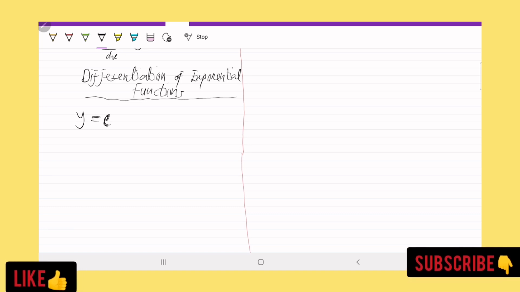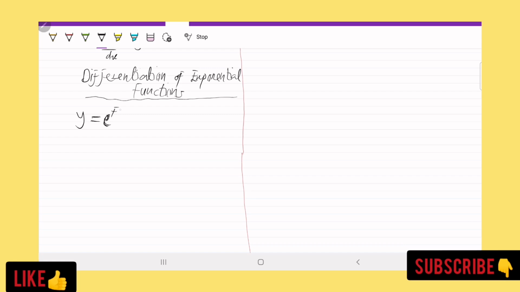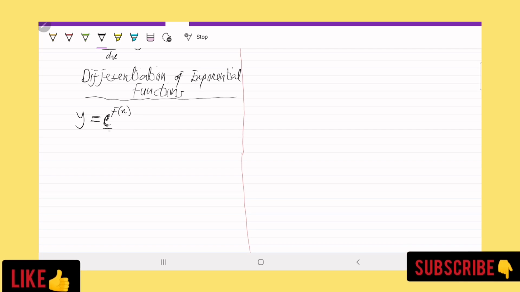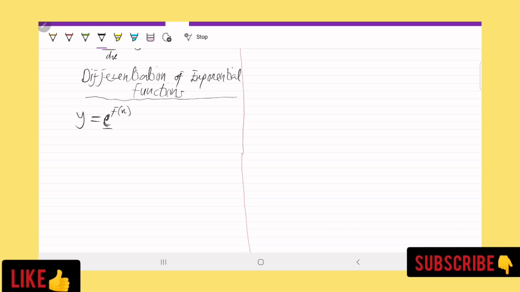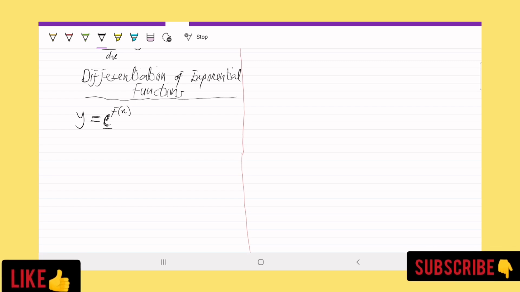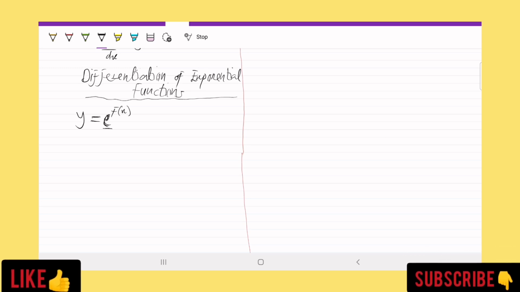So if I have y equal to this exponential with a function on top, how are you going to differentiate this function? This symbol, you always see it on the calculator. If you have a scientific calculator 991 ES, you see it there. It's an exponential. It has a value actually, but we are not looking at the value.